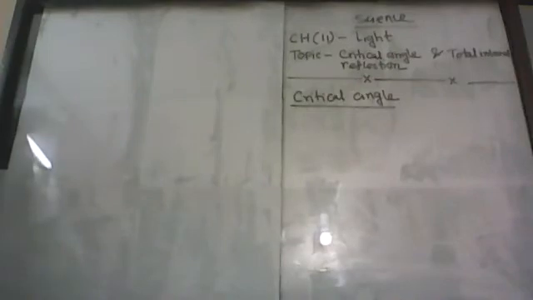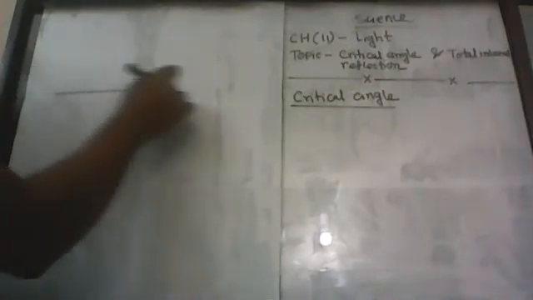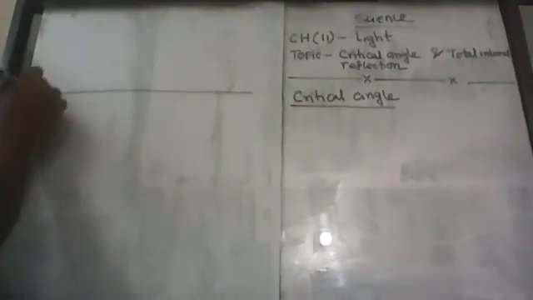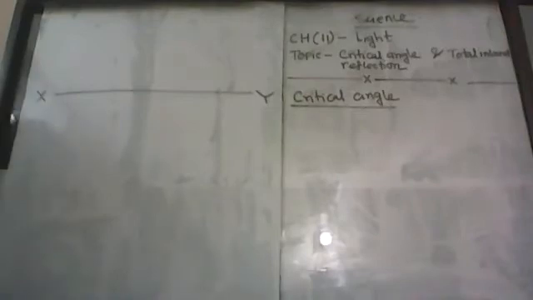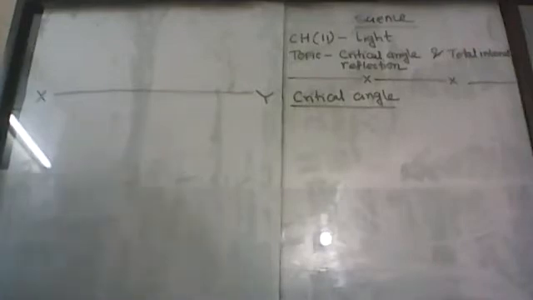Let's see critical angle. Suppose this is separation medium x, y. This surface can separate two mediums here. One is the denser medium and another is the rarer medium.